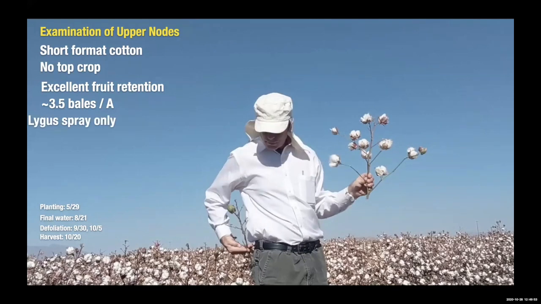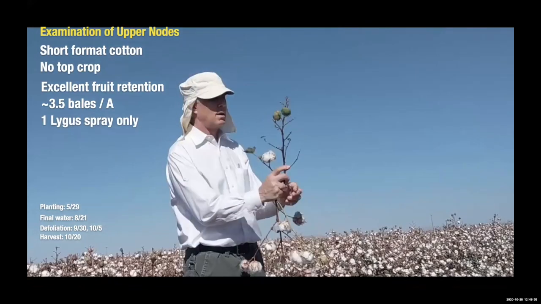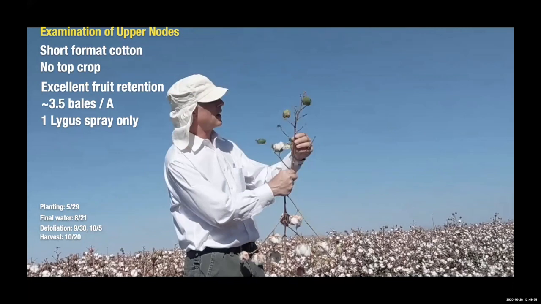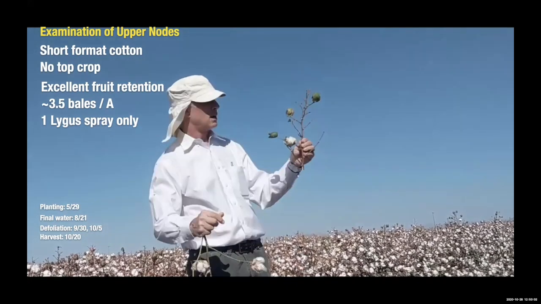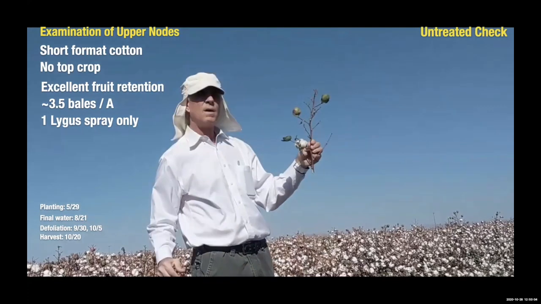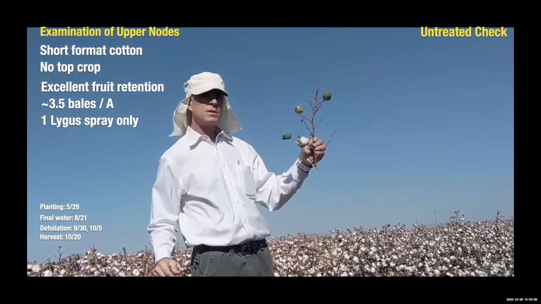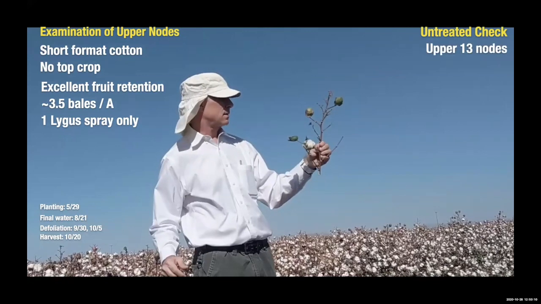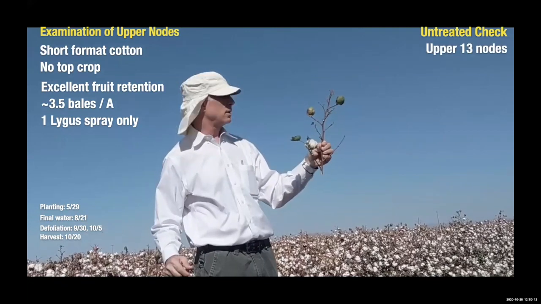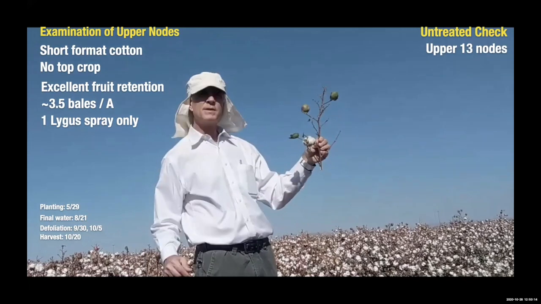In contrast, in our untreated check, I've got the upper 10 to the top boll, but really the upper 13 nodes on this untreated check plant, one that was not sprayed for lygus. And in fact, very little production, but most of those nodes are in the secondary fruiting cycle.